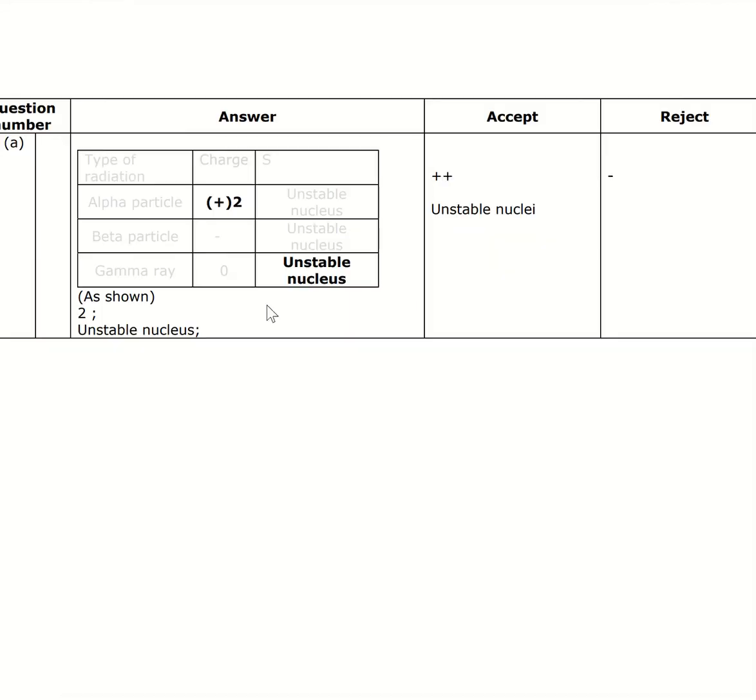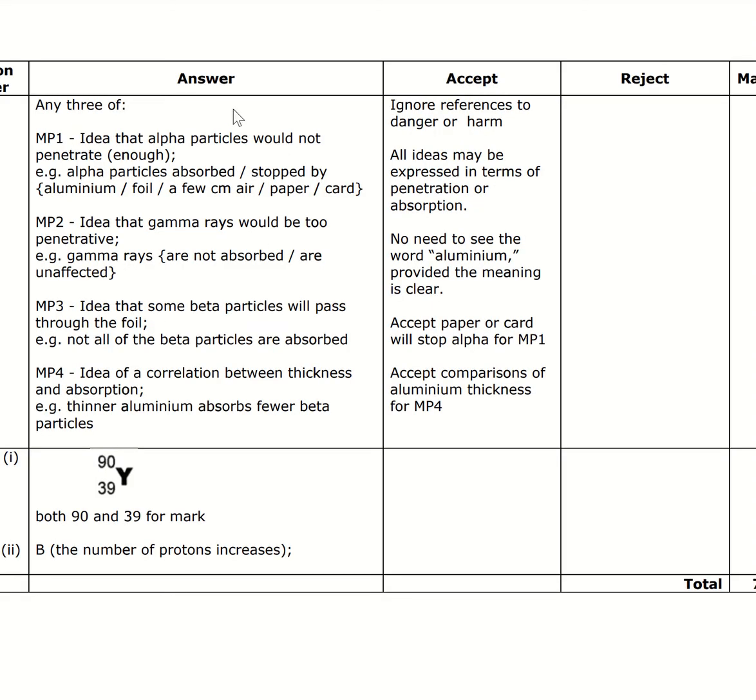The reason beta particles are used is that alpha particles would not penetrate enough. Alpha particles are stopped by a few centimeters of air or paper. The idea is that gamma rays would be too penetrative and alpha rays would not penetrate enough.